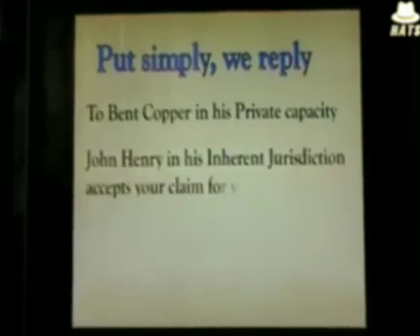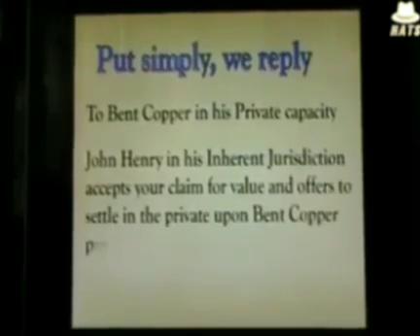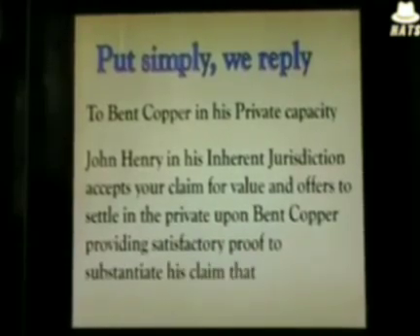And we say, John Henry in his inherent jurisdiction accepts your claim for value and offers to settle in the private upon bent copper providing satisfactory proof to substantiate his claim that the claim was addressed to you, but was served on John Henry. It's that simple.